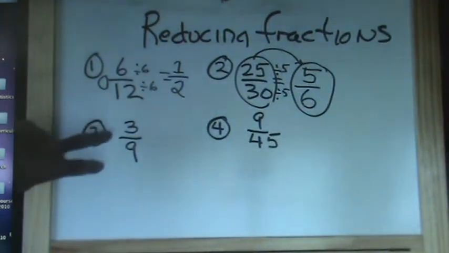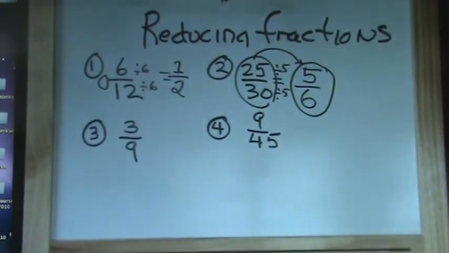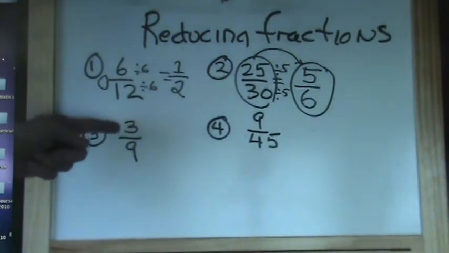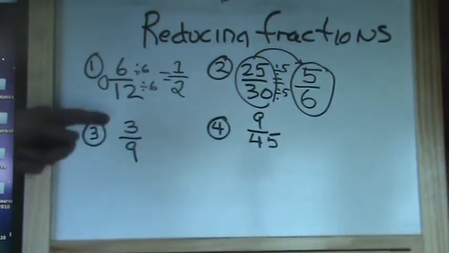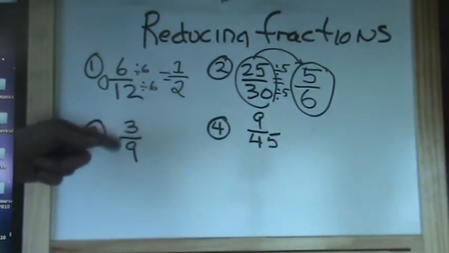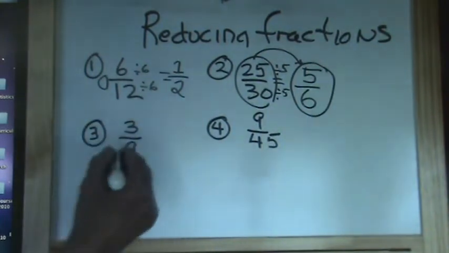How about here? 3/9. Okay. What number will go evenly into 3 and the same number will go evenly into 9? Well, we never use 1. 2 does not go evenly into either of these. 3 goes into 3 and 3 goes into 9.